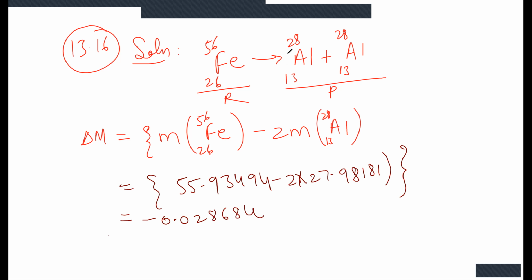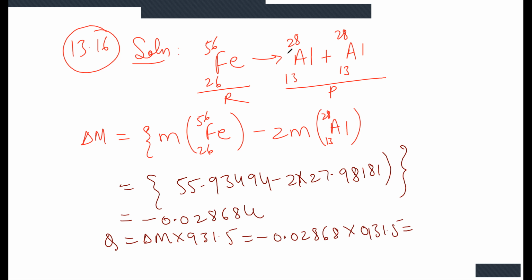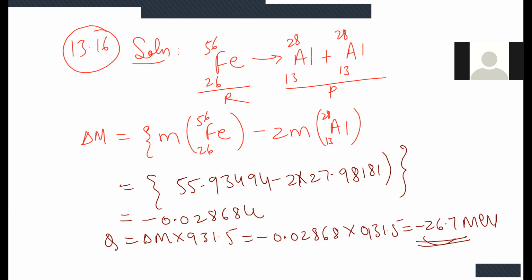And Q value is calculated by using the formula delta M into 931.5. So just substitute the calculated value of delta M, and then 931.5. If you simplify this one, we are getting 26.5 mega electron volt.